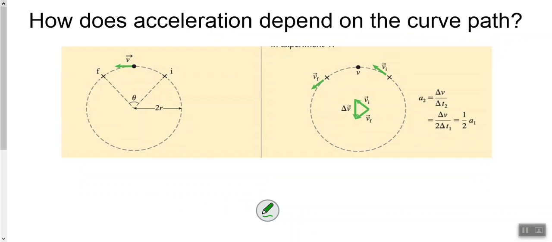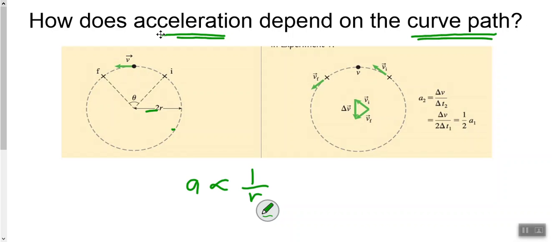Another concept we're going to look at is how acceleration depends on the curved path, which is the radius. What happens if we double the radius? What happens to the acceleration? It is reduced to half. And what happens if we triple the radius? It's also reduced to a third. So we see a relationship between the radius and the acceleration, which is inversely proportional.